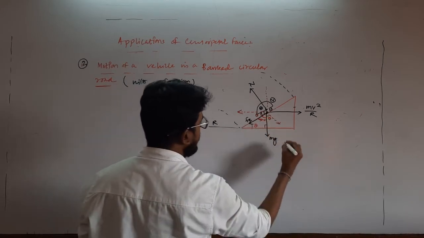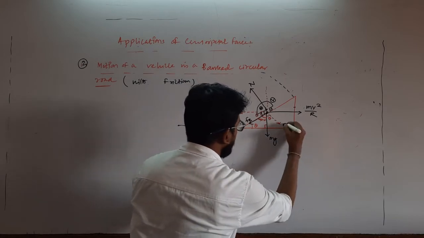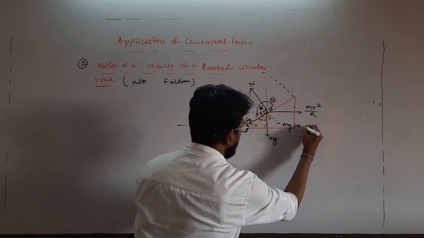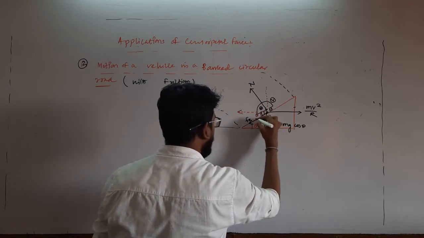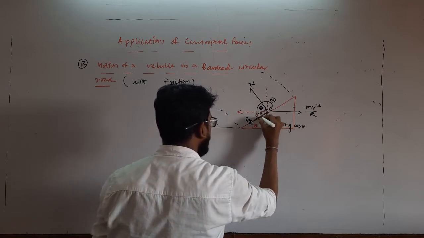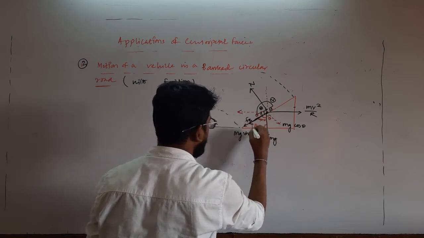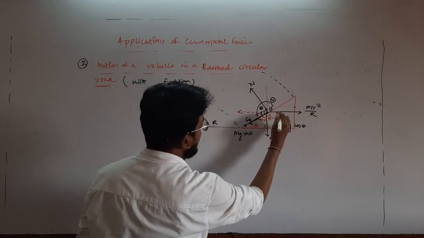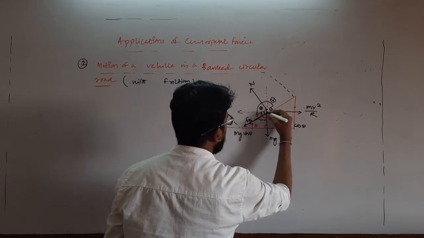If this is mg, along this direction it will be what? Mg cos theta. And along this direction is the frictional force, and also a component of mg which acts along this direction, that will be how much? Mg sin theta. Clear?